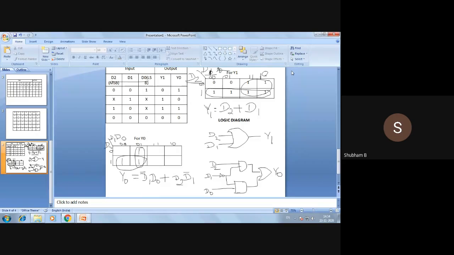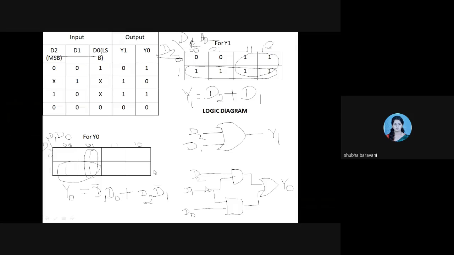Excuse me, ma'am. Yes? Ma'am, something is wrong there, I think. Why not, Megha? Yes, ma'am. Why not? In K-map? No, ma'am. Yes, ma'am, in K-map. Okay. In K-map, why not?